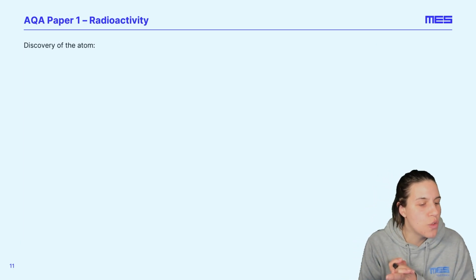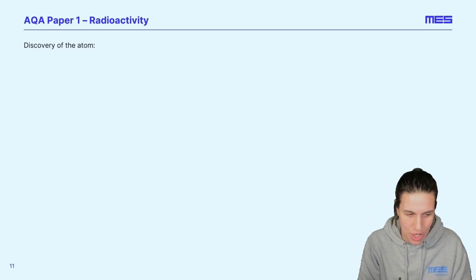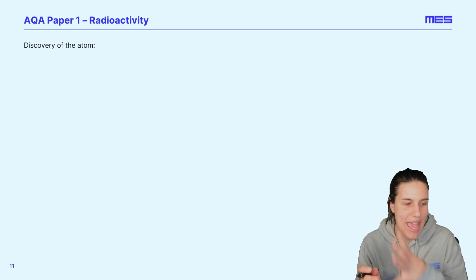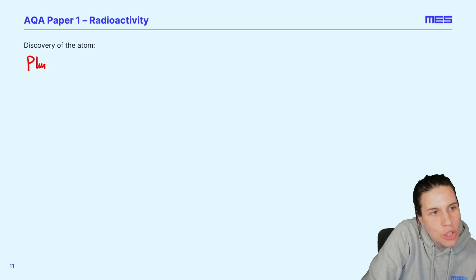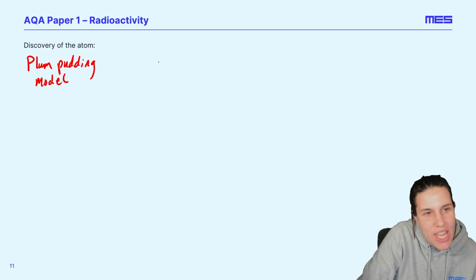Right. So, the discovery of the atom. There are 4 main models of the atom that you need to know about. The first one is the plum pudding model, which was discovered by J.J. Thomson.